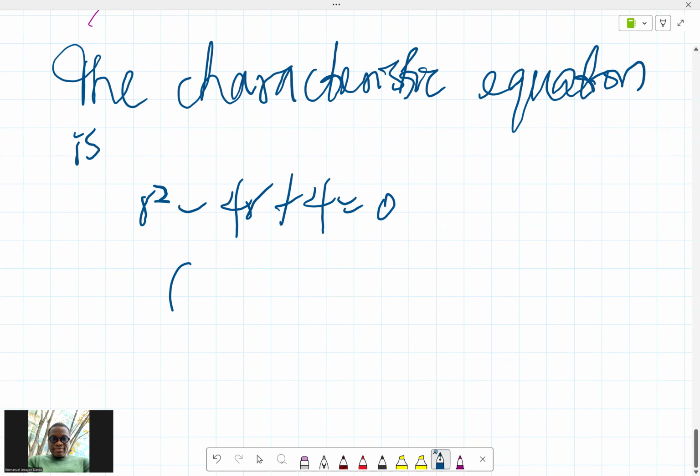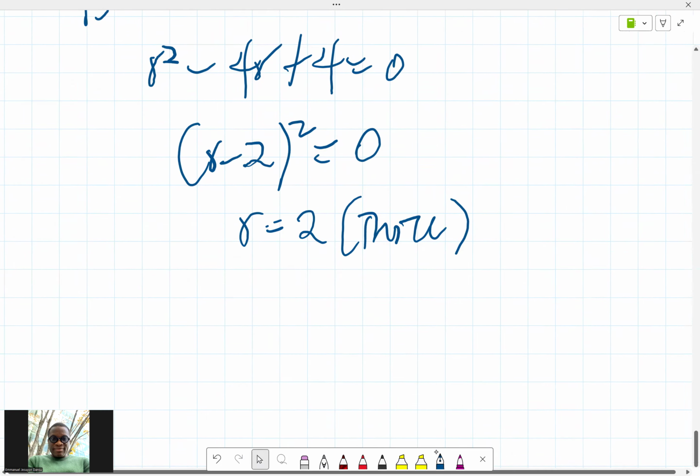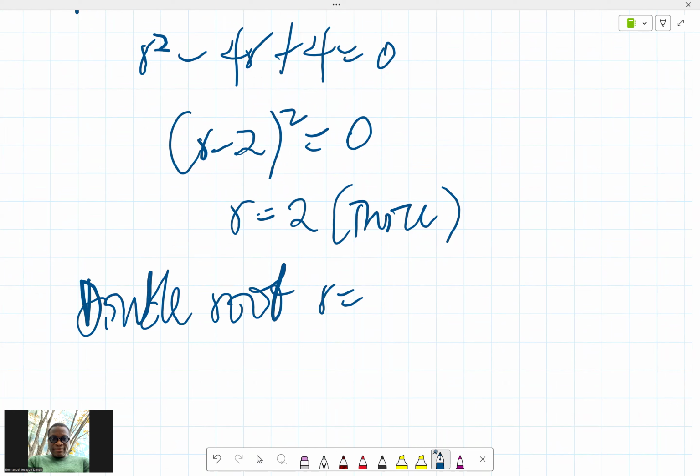If you factorize this, you have r minus 2 squared equals 0. So it means you have double roots, okay? So you have r twice. That's the idea of double roots. So r is 2, r is 2. So we have double roots, r equals 2.